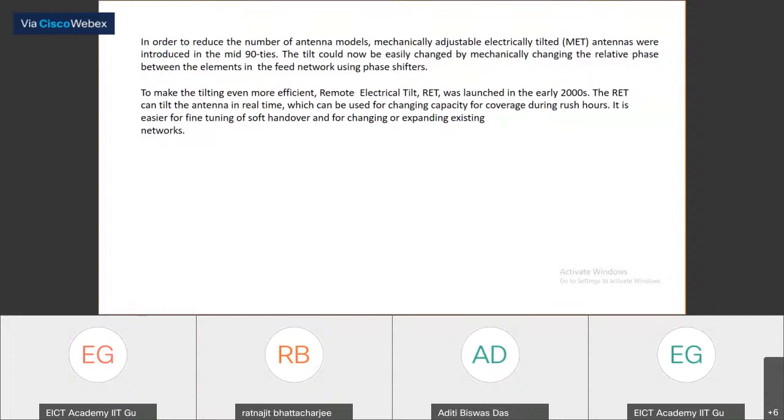So remote electrical tilt, RET, can tilt the antenna in real time, which can be used for changing the capacity and coverage during the rush hours. It is easier for fine-tuning the soft handover and changing or expanding an existing network. So today, most base station antennas have the provision of changing or reconfiguring the tilt remotely, from a distance.